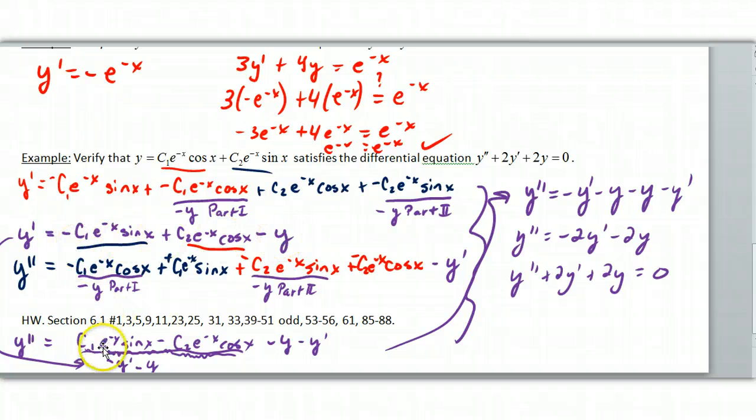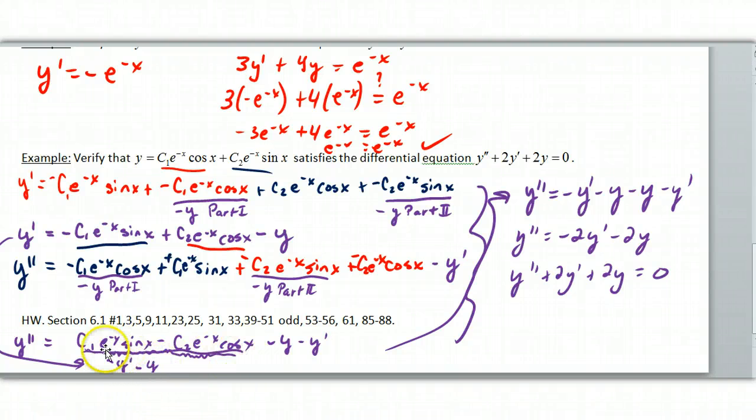So what happens really is that the opposite of y prime would be positive, negative, positive. So I have an extra y in this thing from this y prime, so I need to actually take out this y. So this piece right here is equivalent to minus y prime minus y.